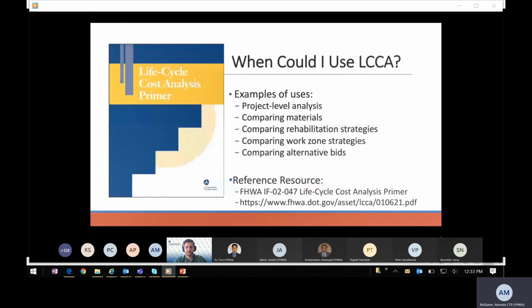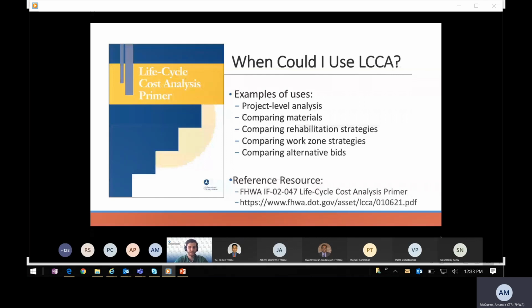State agencies have a long history of using LCCA to inform pavement design. LCCA analyses are useful for project level analysis and for comparison of materials, rehabilitation strategies, work zone strategies, and alternate bidding.